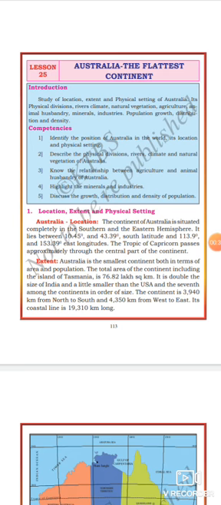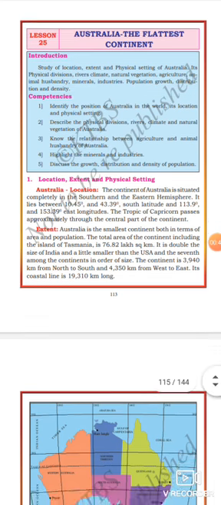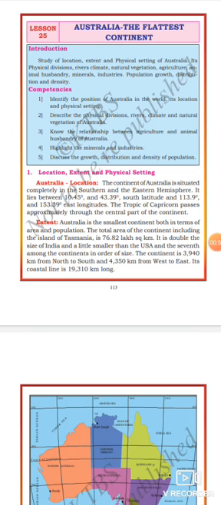The continent of Australia is situated completely in the southern and the eastern hemisphere. It lies between 10.45 degree and 43.39 degree south latitude and 113.9 degree and 153.39 degree east longitudes.